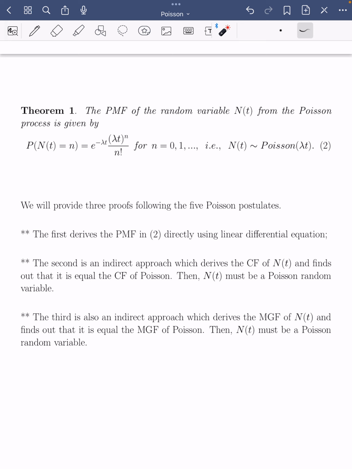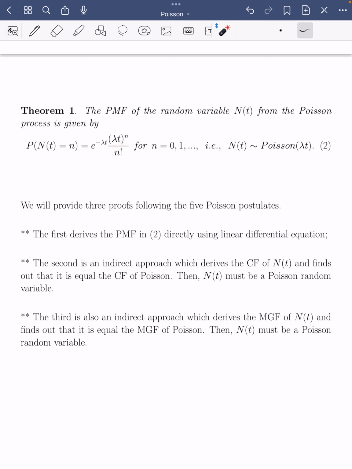This is the major theorem we are trying to establish in this sequence of videos. We say that the probability mass function of the random variable N(t) from the Poisson process is given by the chance that N(t) equals lowercase n is equal to e to the negative lambda t, times lambda t to the power of n, over n factorial.